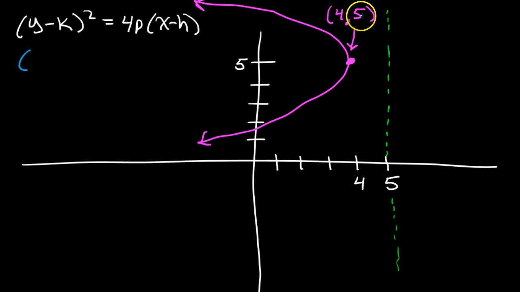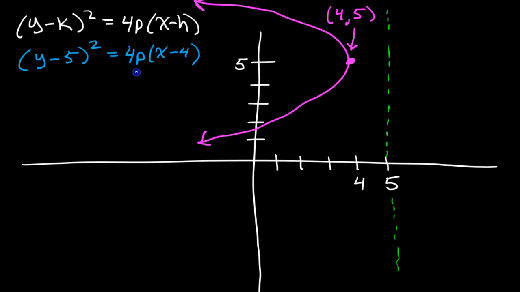The y coordinate of the vertex will give you the y part of the equation. So this 5, the y coordinate, is going to turn into (y - 5)². And I still have 4p times, and now the x value of the coordinate will give us (x - 4) in the equation. So be careful because they're backwards.